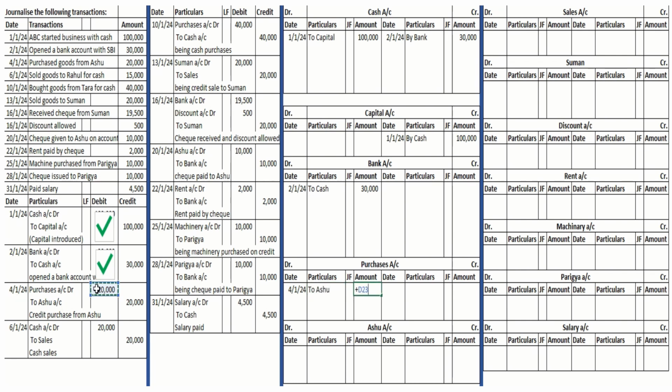Amount is 20,000. In the Ashu account, it should be recorded in the credit side, by purchases. So that entry also we recorded.